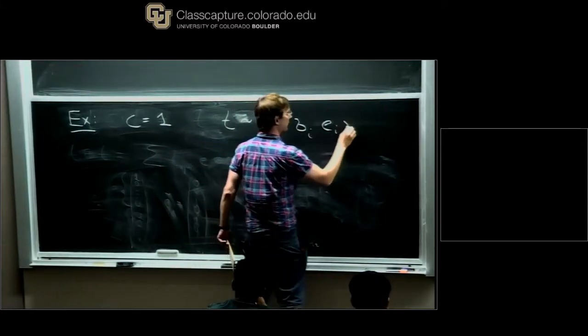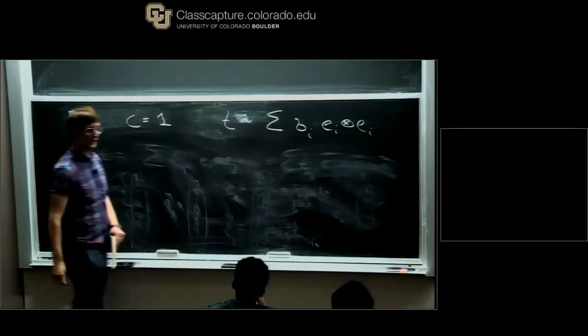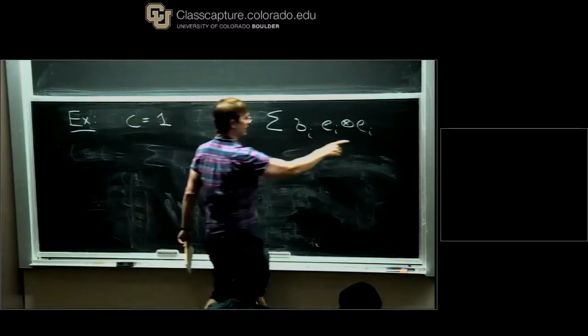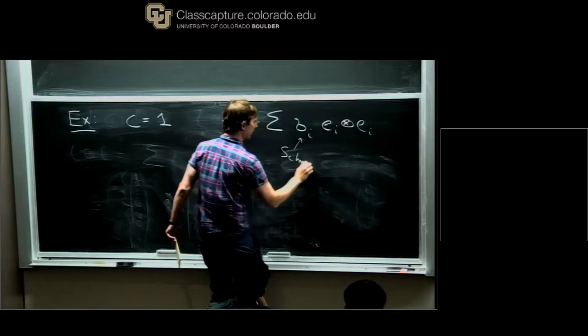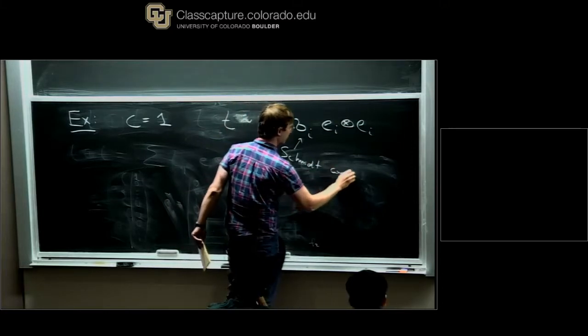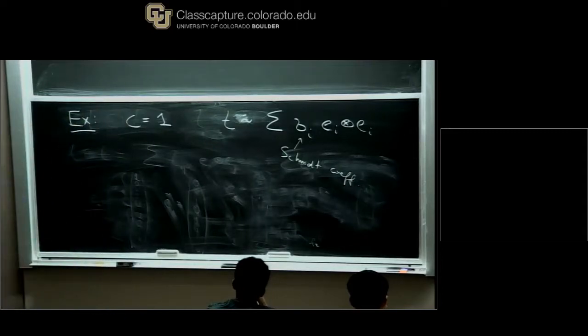And what's the Schmidt decomposition form? Well, I chose some basis, now I just decided to choose my basis such that it's in this form. And these here are the so-called Schmidt coefficients. Now I chose my basis so that it's the Schmidt basis.